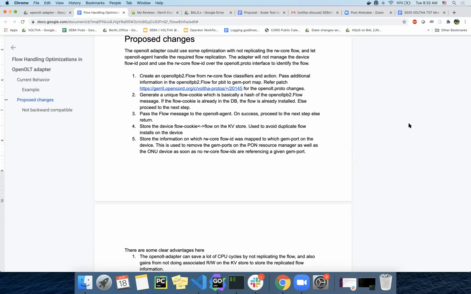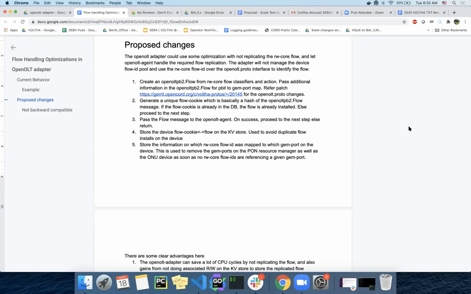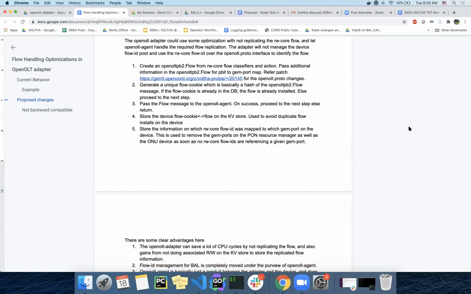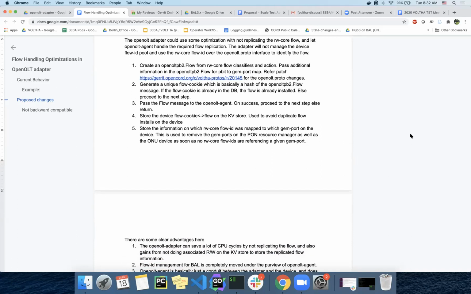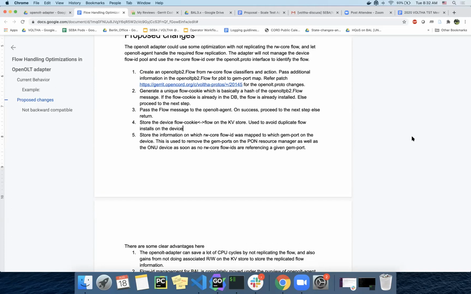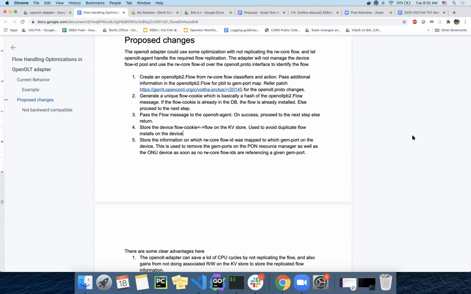Both these data path flows need to clear before you free up the gemport. Got it. It actually works like a reference count. You keep a reference count of how many flows refer to a particular gemport, and once all these flow IDs are cleared, the reference count becomes 0 and you free up the gemport.